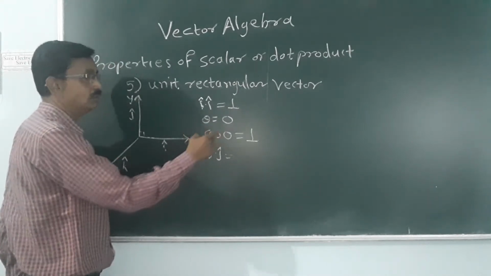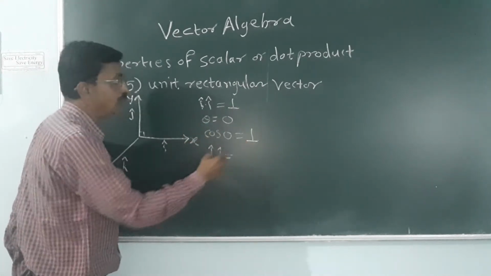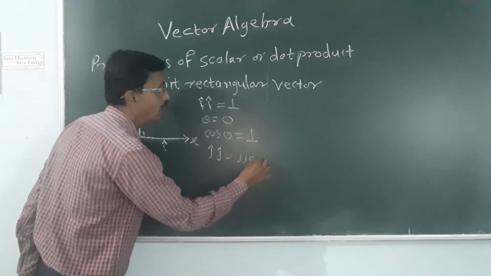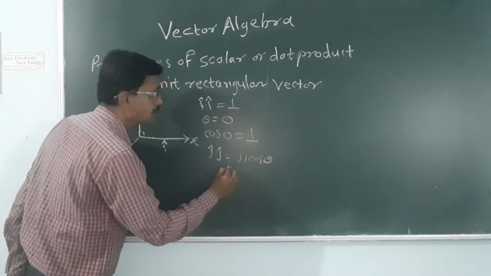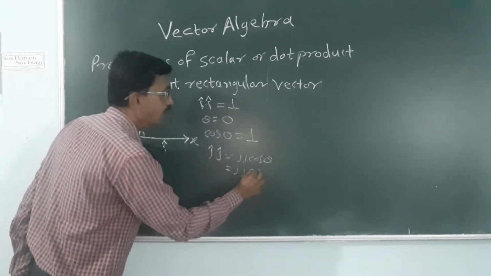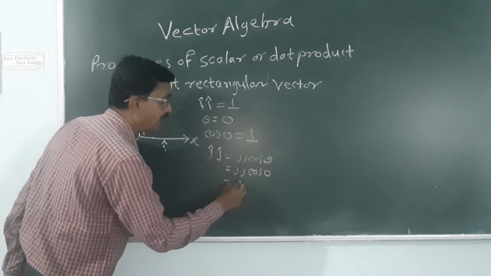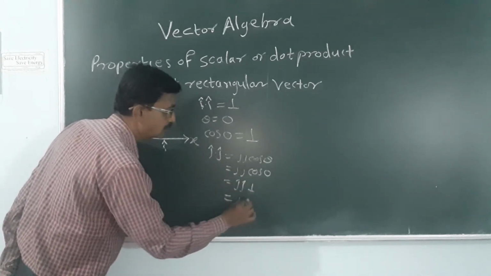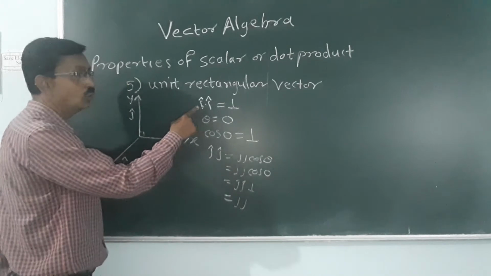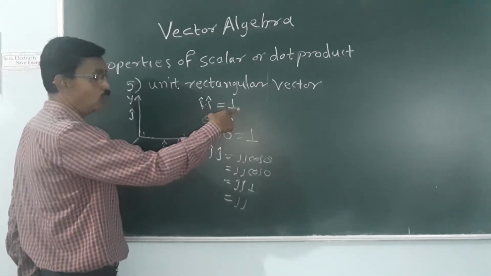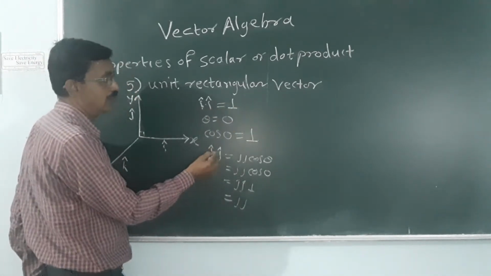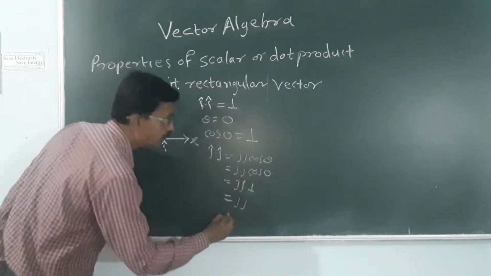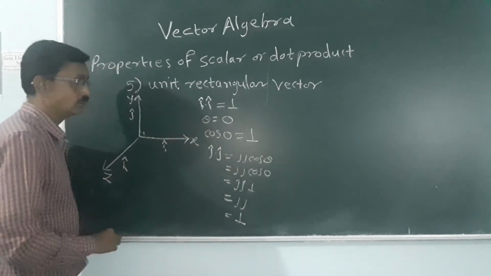Theta is 0, cos 0 is equal to 1, and hence j dot j equals j cos 0, that is j into 1, which is similar to i dot i equal to 1.